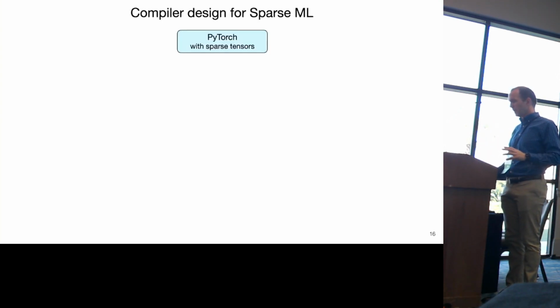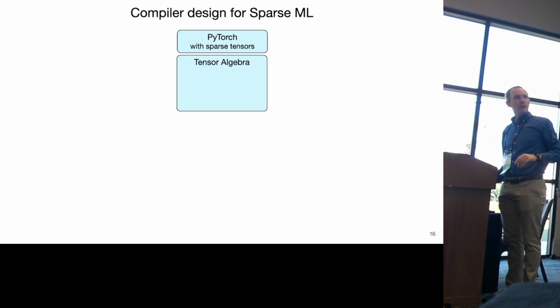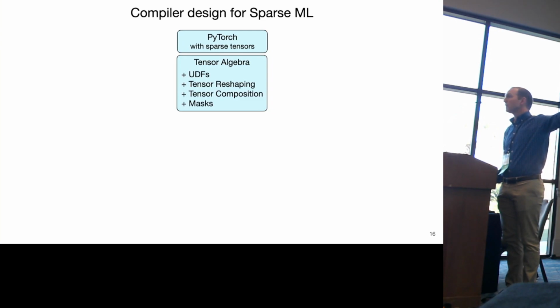So finally, I'll stop here, but the design I think we want is a PyTorch or TensorFlow, I don't care, one of these dense tensor algebra libraries with sparse tensors and no other changes. Then you want tensor algebra or some general compiler, but you also need other things like user-defined functions, for nonlinear functions, tensor reshaping, so that you can reshape and concatenate your tensors and so forth.